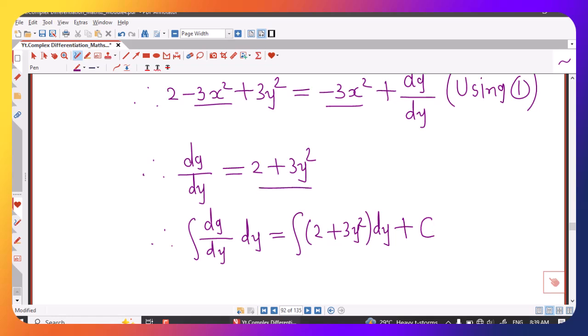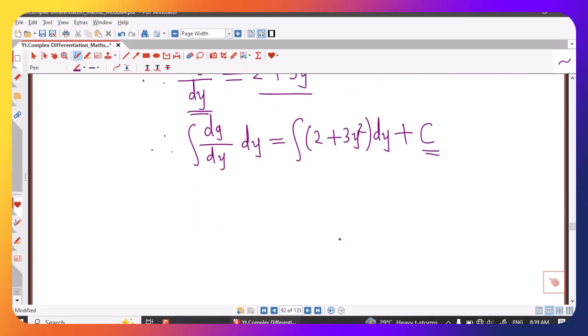Now here we have functions of y only on both sides, therefore we write arbitrary constant c here, and the integral of the derivative is the function itself by the fundamental theorem of calculus. Here the integral of 2 is 2y plus, here 3 is constant, the integral of y square is y cube by 3, that will make the 3 cancel, and plus c.